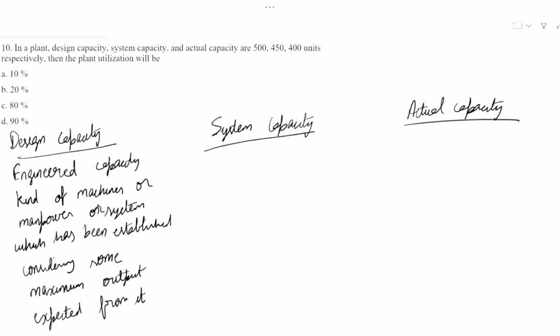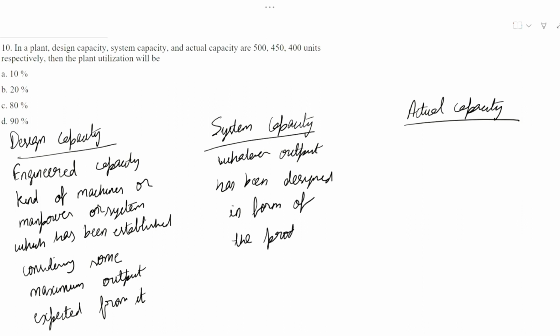Now, system capacity means whatever output has been designed in the form of the production system.